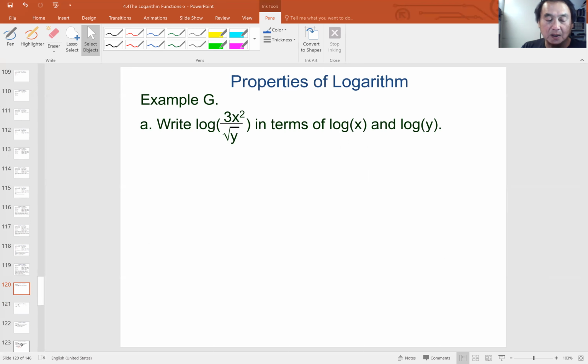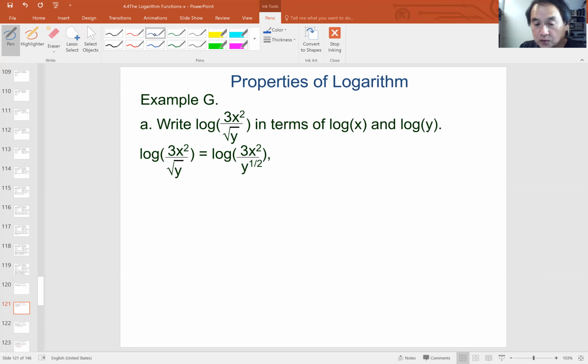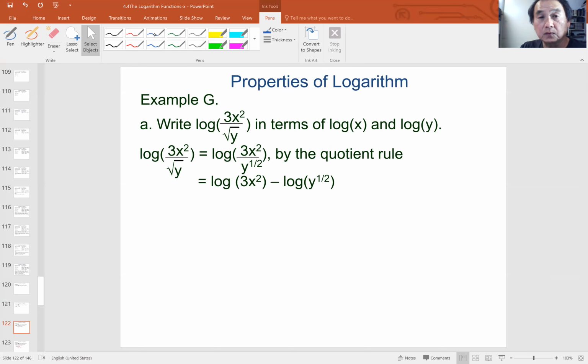One of the things we do with these rules is we can take the log of a complicated formula that's made up of multiplications, powers and divisions, and break it up into individual logs. First, write the radical as a power. Of course, I need to use the power rule. And this is a division, so I can write this as the difference of the top versus the bottom.